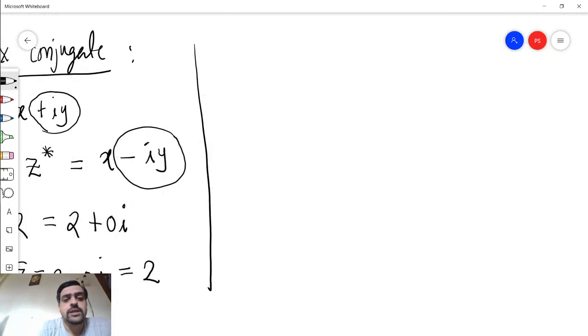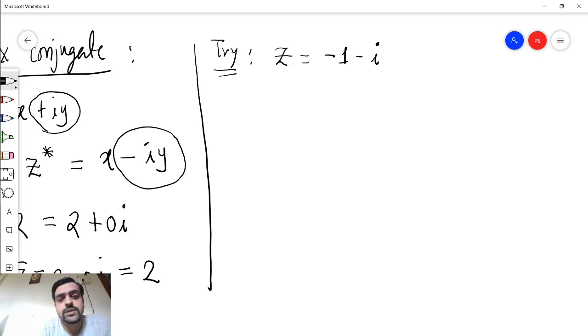As an example, let us try to represent a complex number z equal to minus 1 minus i in both of the familiar forms.